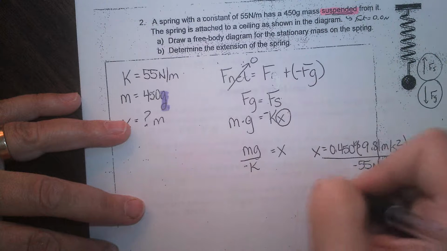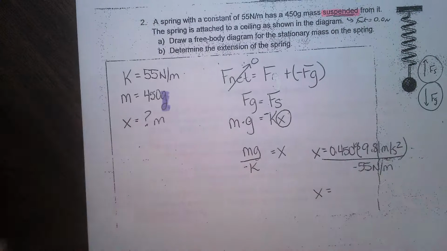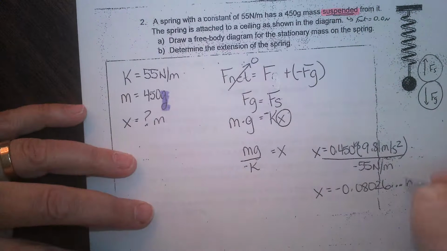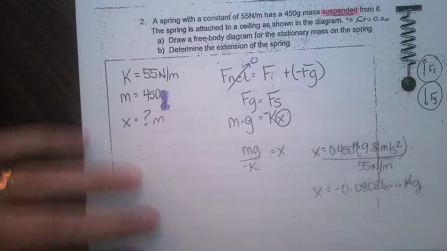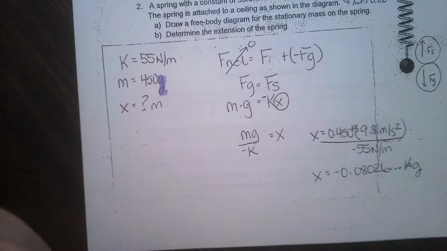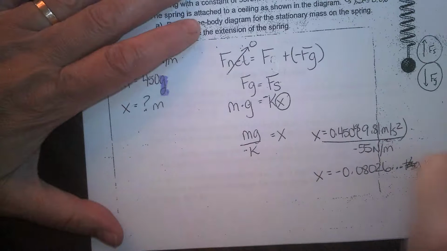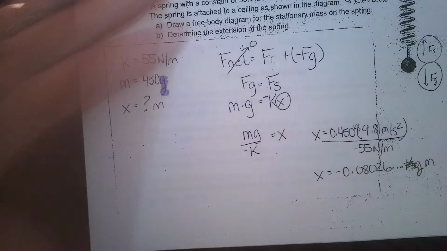And so x is equal to what value? Okay. So x is equal to negative 0.08026 and carrying on with decimals, meters.